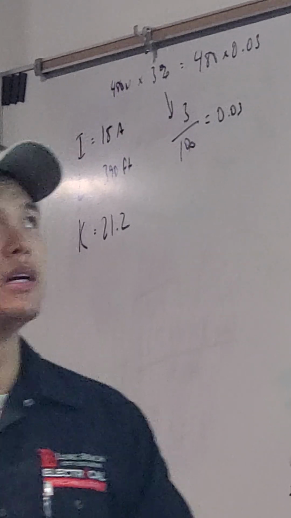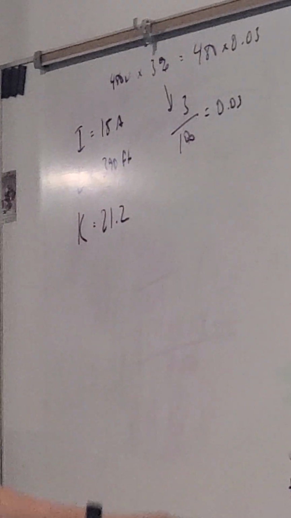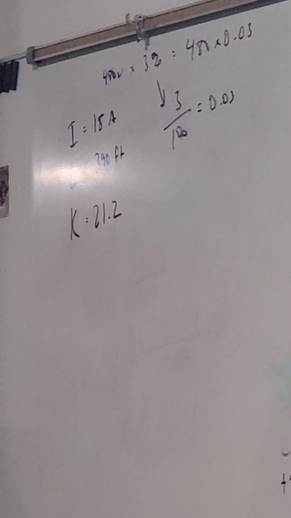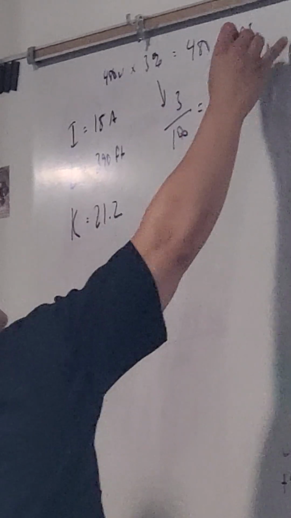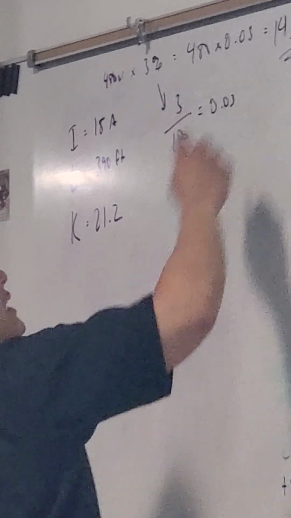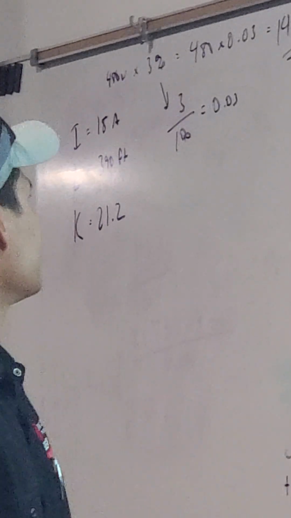Because we're going to need to be very comfortable with those. So once you plug this in your calculator, 480 times 0.03, 14.4 volts. This means that this is your maximum allowable voltage drop. Does that make sense? Cool.